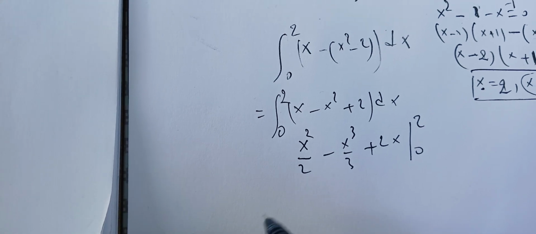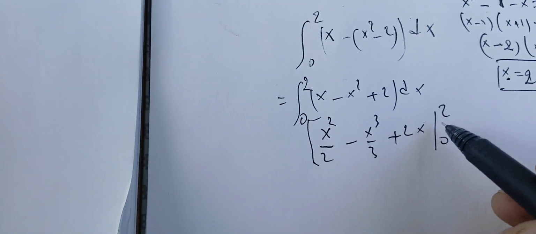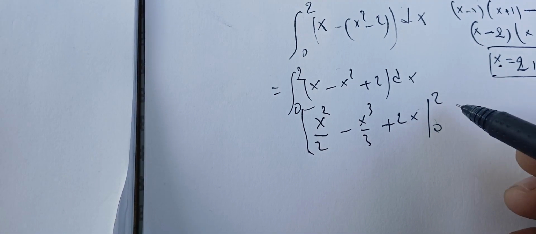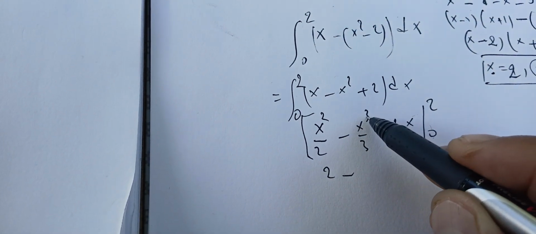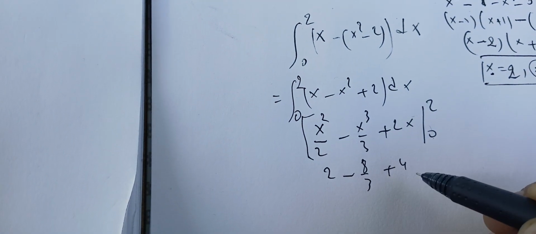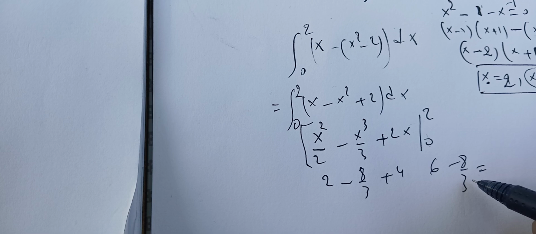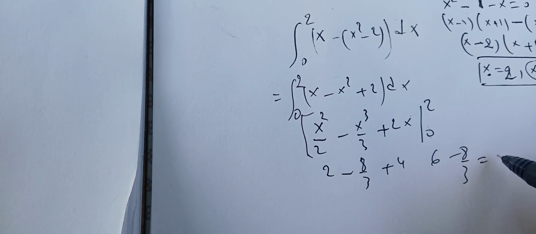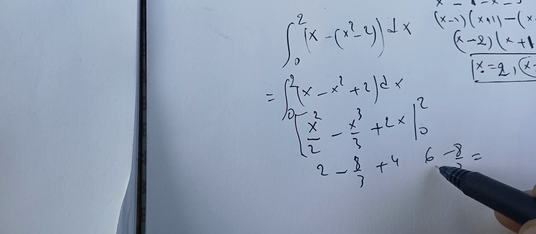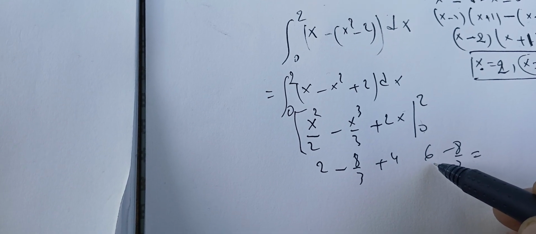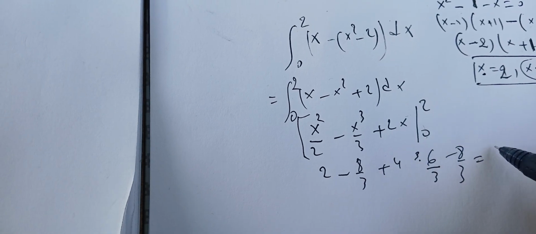I can go ahead and compute, but this is just simple algebra. For 0 I get 0, but for 2 I get 4 over 2, which is 2, minus 8 over 3, plus 4. So I get 6 minus 8 over 3, which, multiplying by 3, gives me 10 over 3.